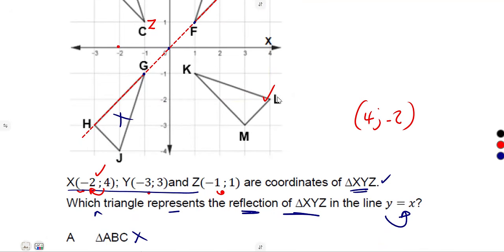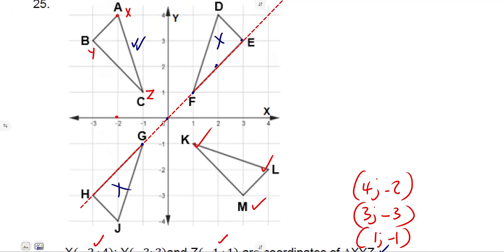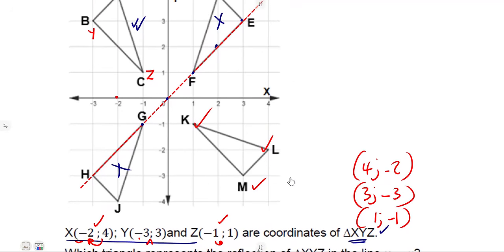This is the point L. The point Y also interchanges. So it will be (3, -3). This is exactly what we have here. 3 versus -3. That is our point M. The point Z also interchanges. So it will be (1, -1), which is our point K. So truly, it is the exact thing that we want.